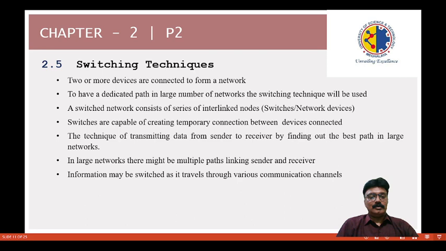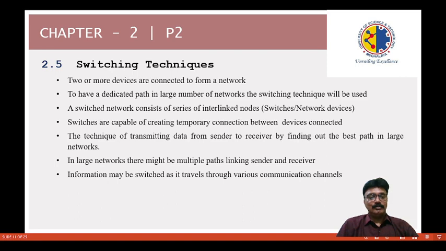A switched network consists of a series of interlinked nodes, called switches, which are network devices. Switches are capable of creating temporary connections between connected devices. These are the techniques of transmitting data from sender to receiver by finding the best path in large networks.